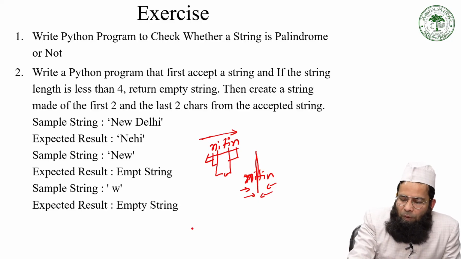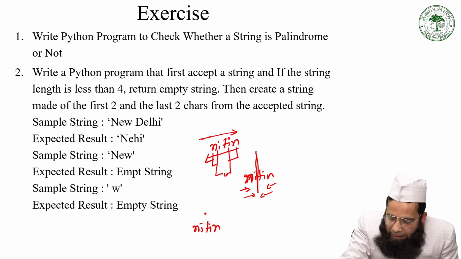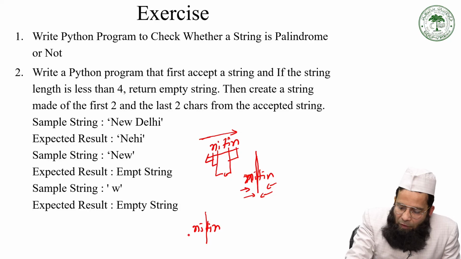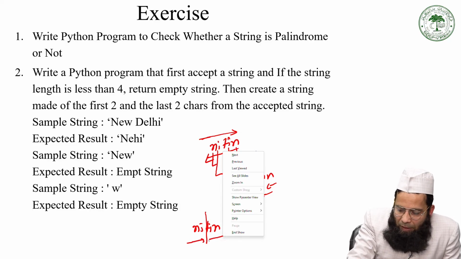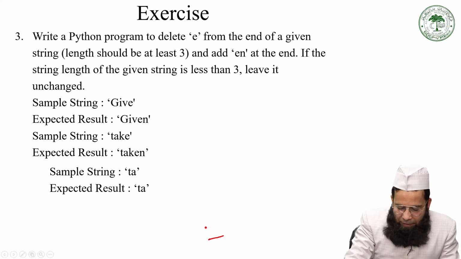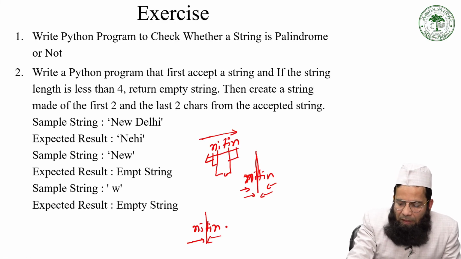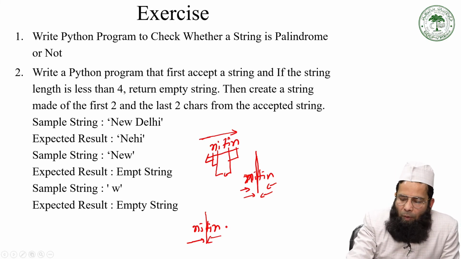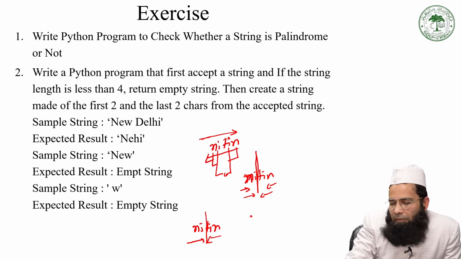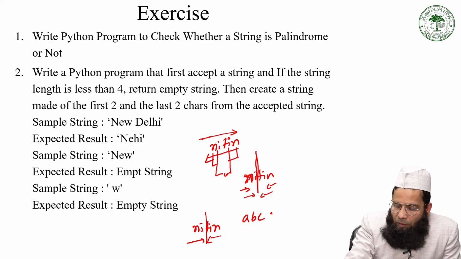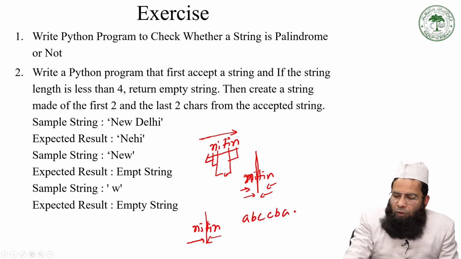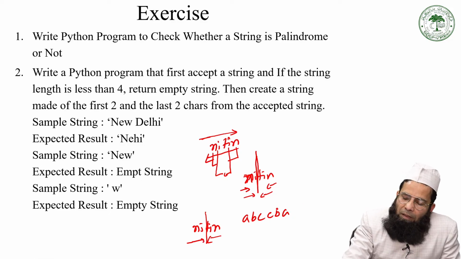Like in this case, suppose you have Nitin. The mid character is T. So I would traverse from here left to right, and similarly from right to left. If all the characters are the same, then it is a palindrome. Similarly, let's say there is a word A, B, C, and here you have C, B, A. So it is a palindrome.